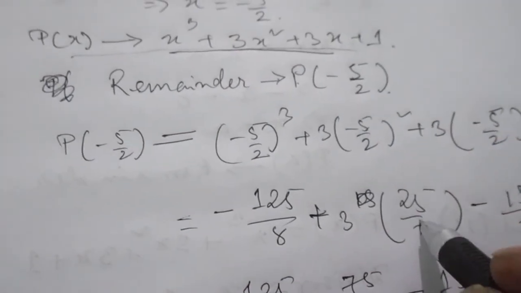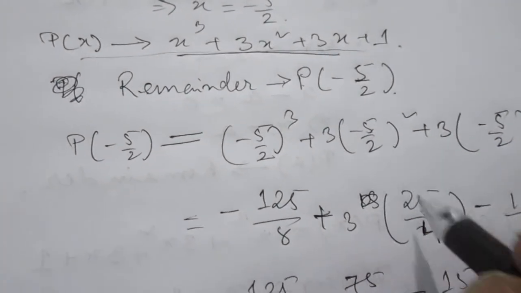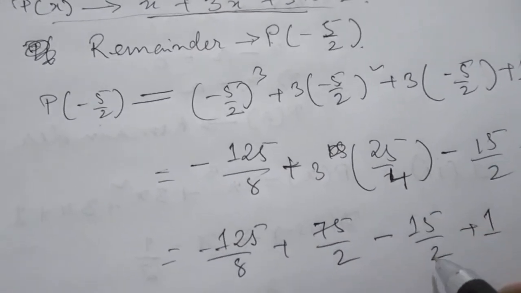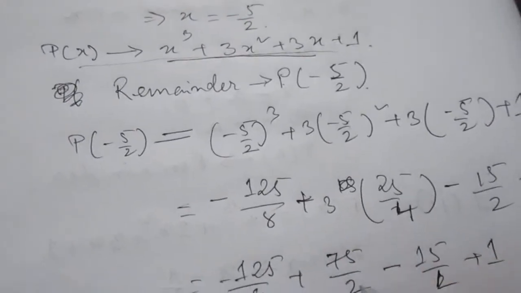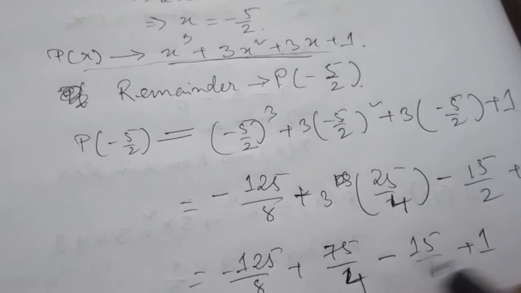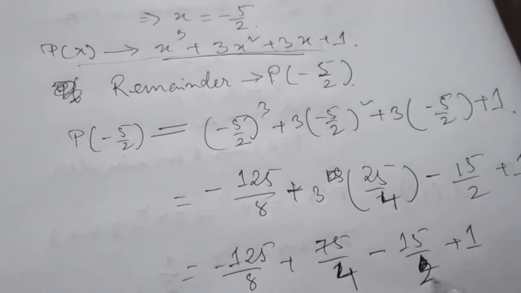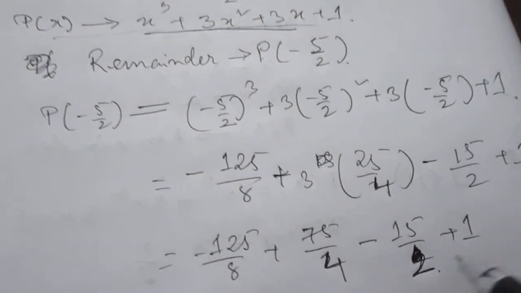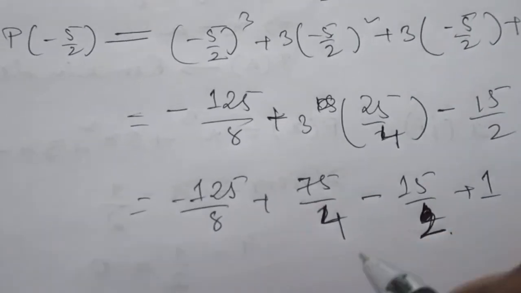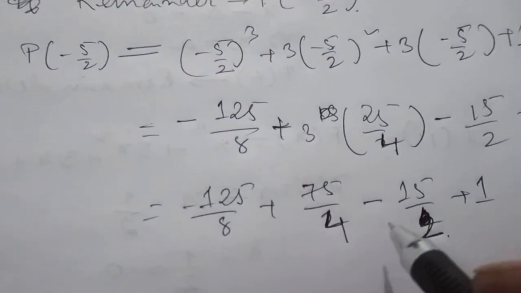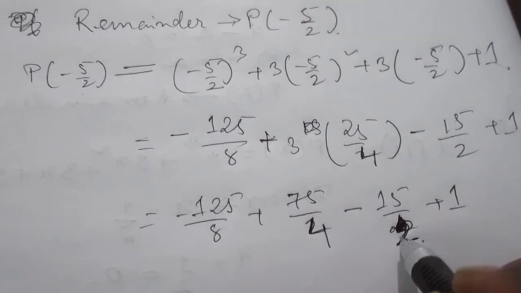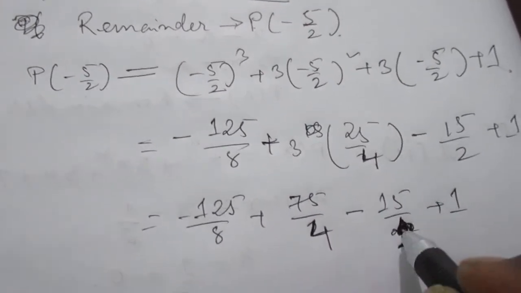Sorry friends, there will be one mistake. 2 square will be 4. Okay, and here also, just a minute, here will be 4. Here is 2. Here it is right, only 2. Okay, here this one is 2. This one is 2.